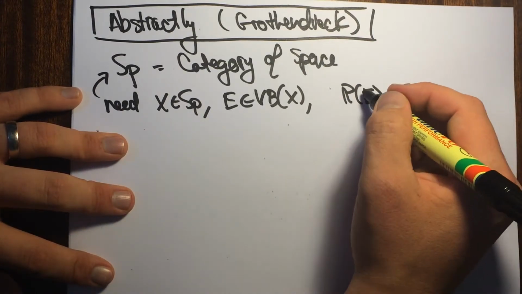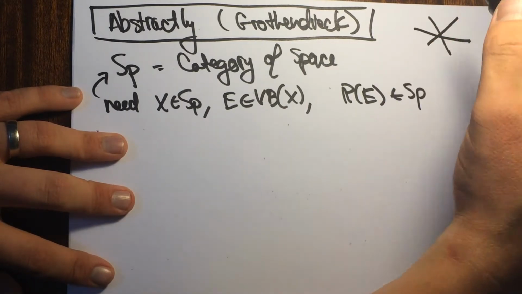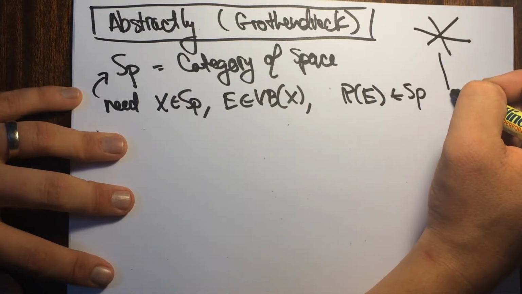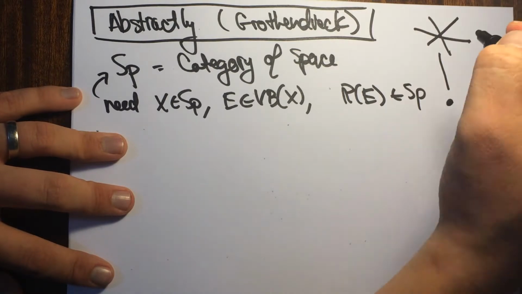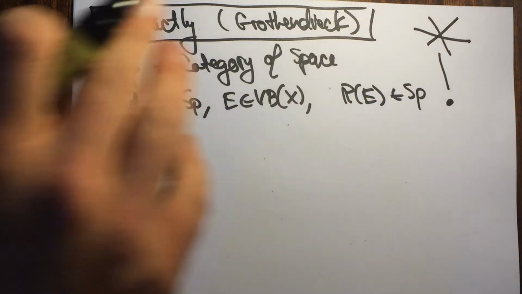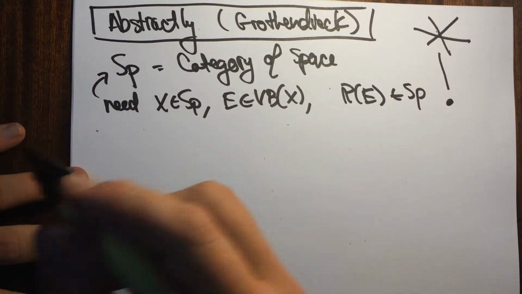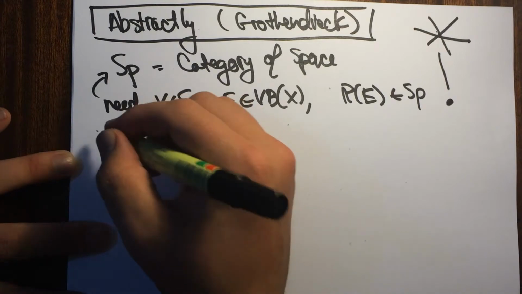This is the bundle that sits over X, where you projectivize all the lines above a point. You take the projective bundle at each fiber.